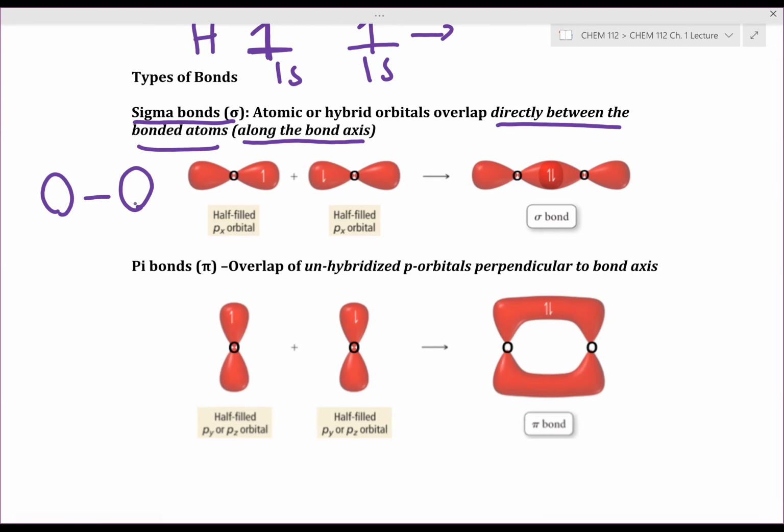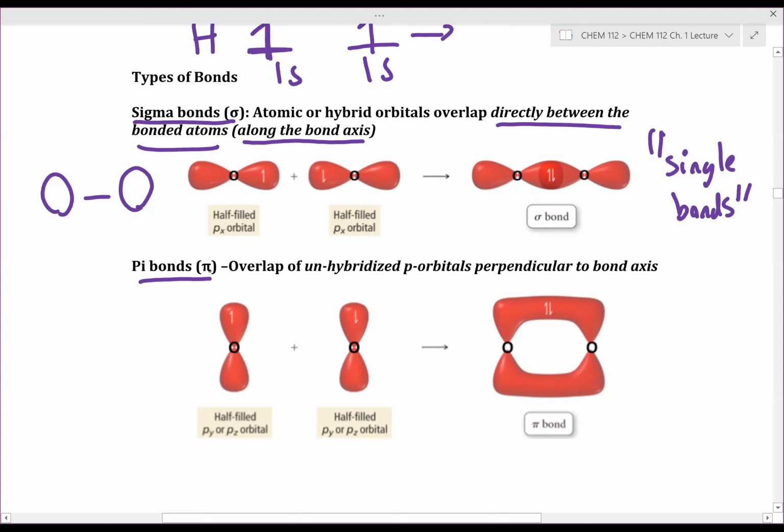I'd like you to colloquially view sigma bonds as quote-unquote single bonds. It's a nice little mnemonic that I use to help me remember and identify sigma bonds. Single bonds, by definition, are sigma bonds. Now, your double and triple bonds are made up of pi bonds.